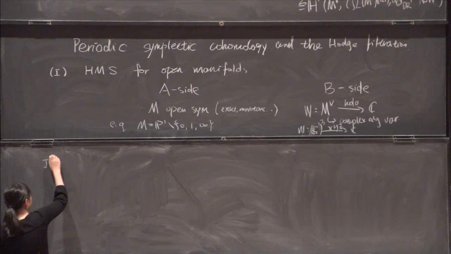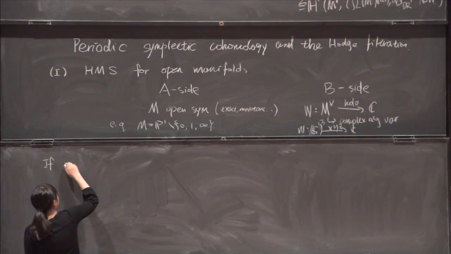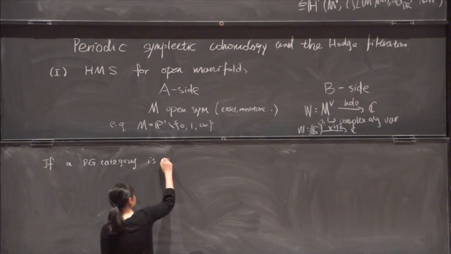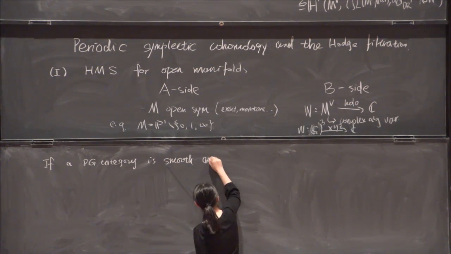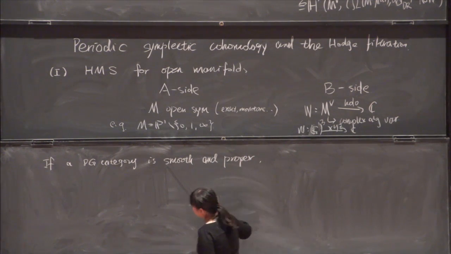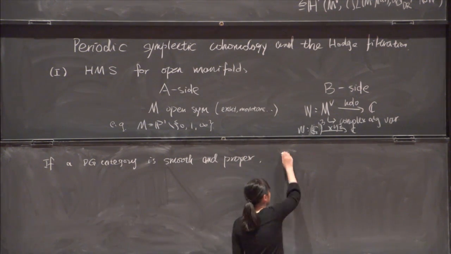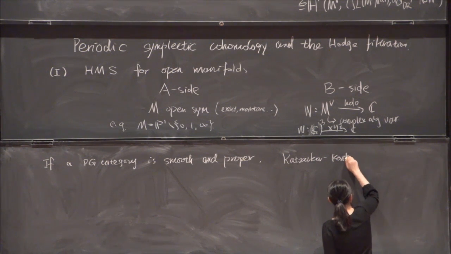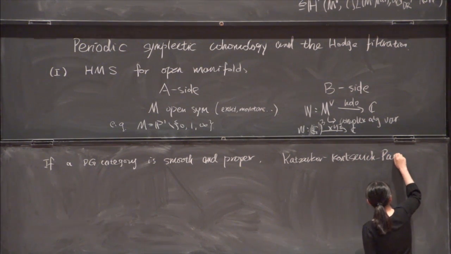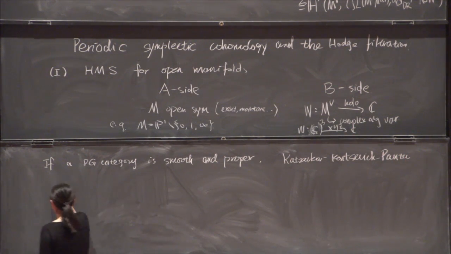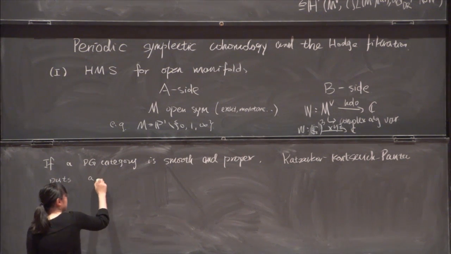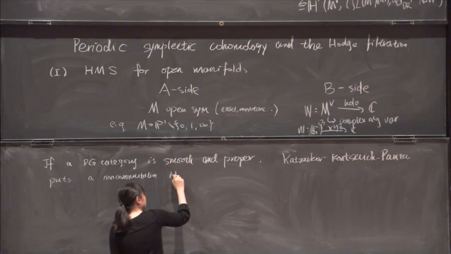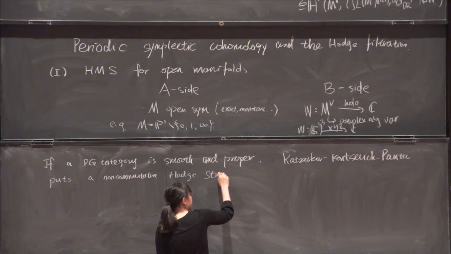So in fact, if the differential graded category A is what's called smooth and proper, then there's work of Kontsevich, Katzarkov, Kaledin and others who put a non-commutative Hodge structure on this periodic cyclic homology of A.